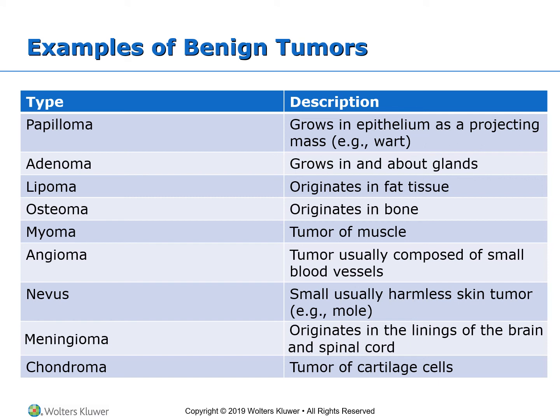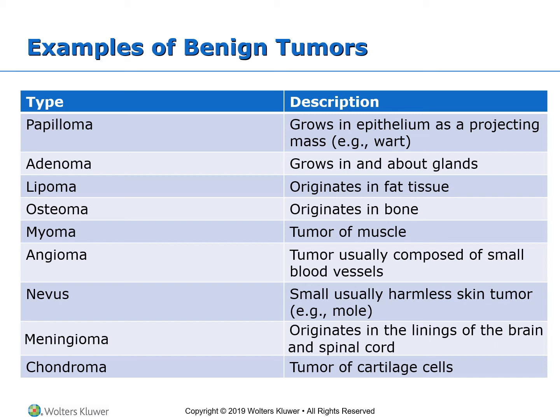This table will summarize a few terms for you, and let's walk through them really quickly. A papilloma is a tumor of the epithelium that projects outside. It will usually have a stem, and as an example, those are the warts. An adenoma is a benign tumor of a gland.